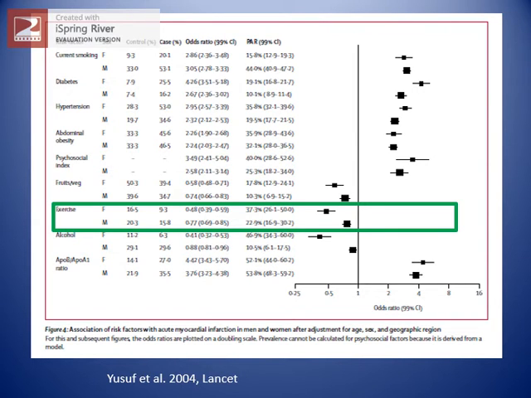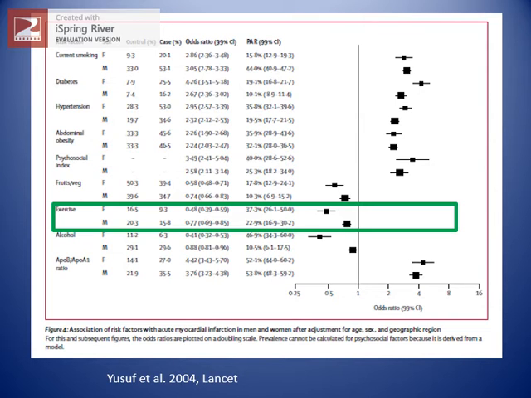What you see here on this axis is the odds ratio. You know what an odds ratio is now. Remember, an odds ratio greater than 1 means an increased risk, so any box to the right of the line at 1 would be an increased risk of heart attack. Anything to the left would be a decreased risk.